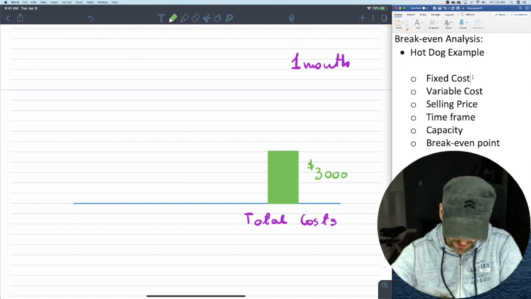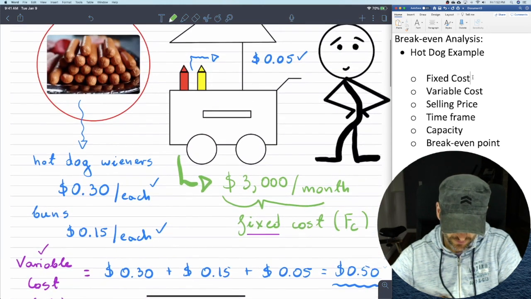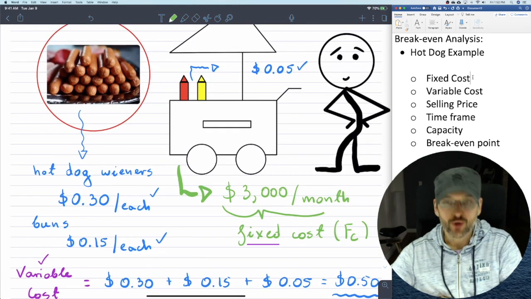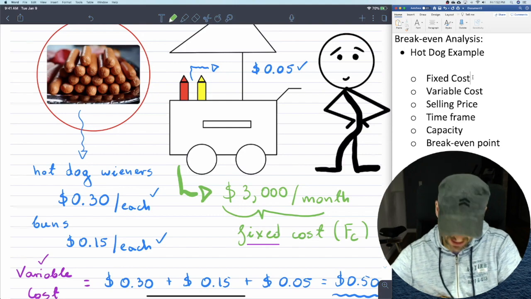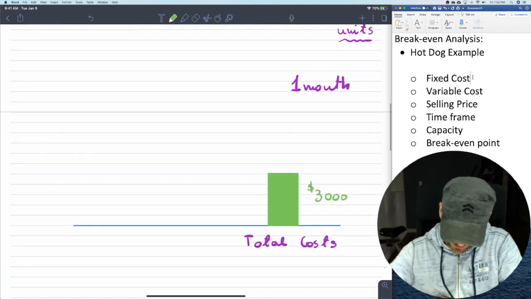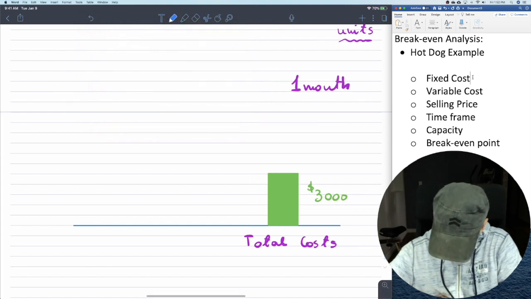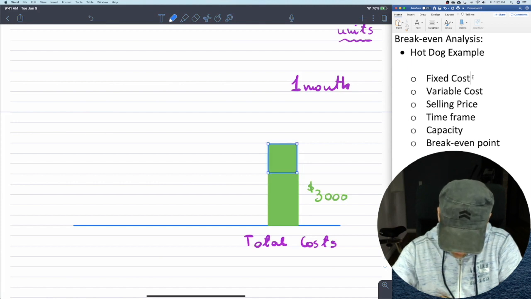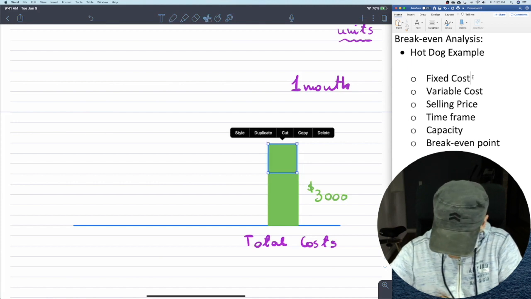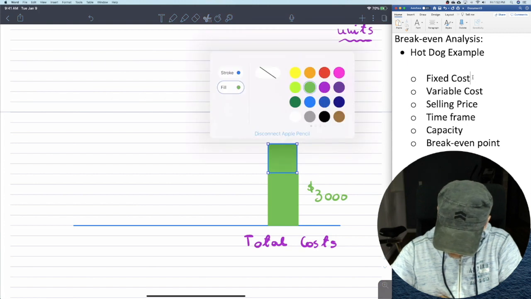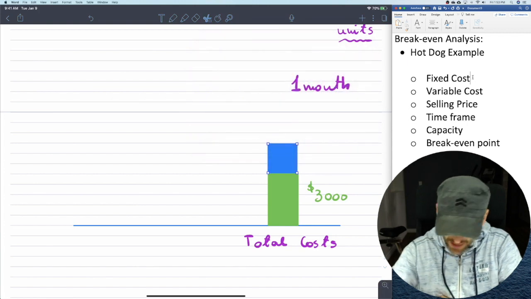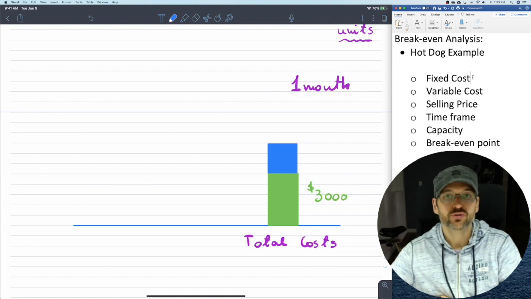So our variable costs are going to change on a consistent basis, and that cost keeps adding up and growing. So that is my total variable costs, and it keeps going.